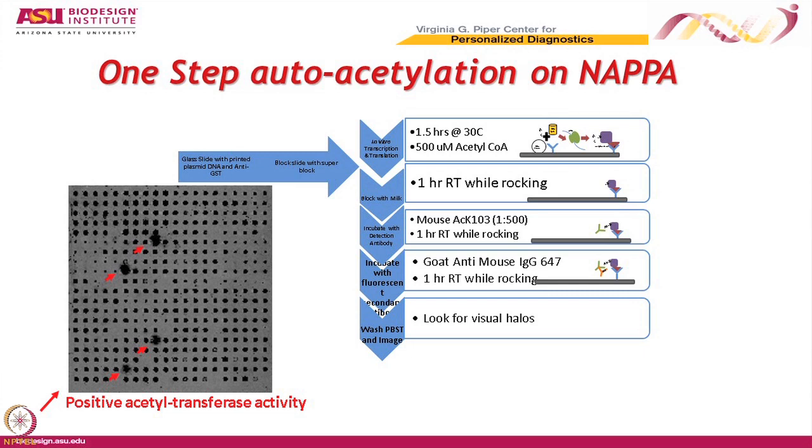And so in this case, he was using an acetyl group that was labeled, and then he was using an antibody to detect it. And then he treated the array with acetyl-CoA right there, incubated the array, and just allowed the proteins to acetylate themselves, washed away all the reactants, and then stained with the antibody and identified proteins that auto-acetylate. So this is, again, a way to look for enzymatic activity on the array.